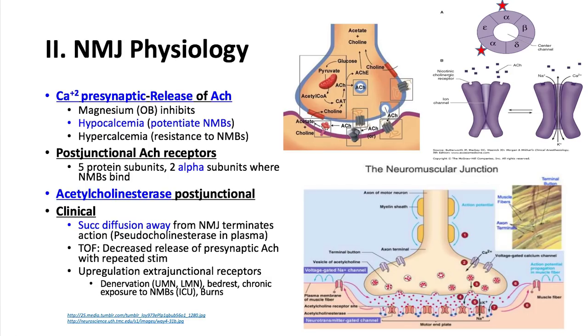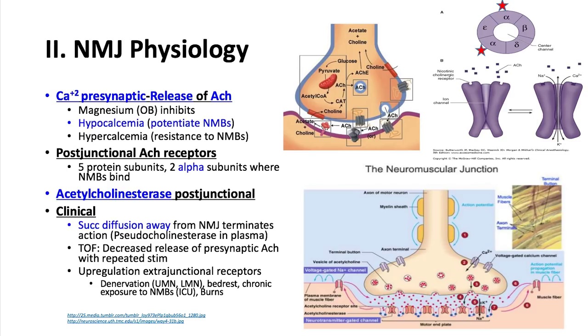Train of 4: there's a decreased release of presynaptic acetylcholine with repeated stimulation. You do your 4 little twitches, and if a patient has a neuromuscular blockade present, they can have a decreased train of 4. The first twitch is greater than the 4th twitch, and that's due to a decreased release of presynaptic acetylcholine with repeated stimulation.